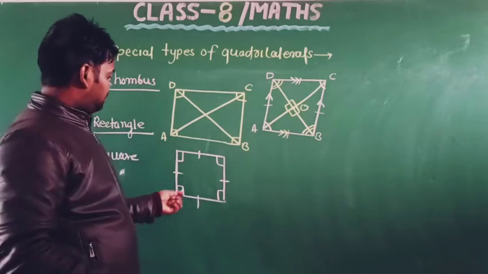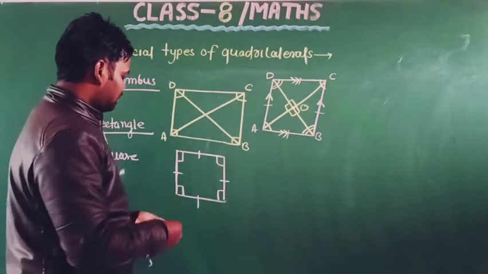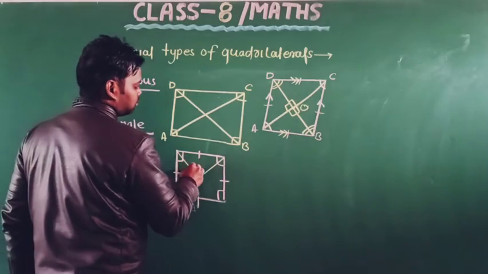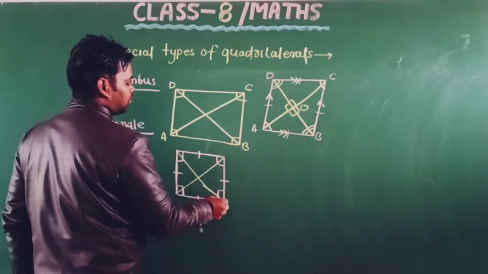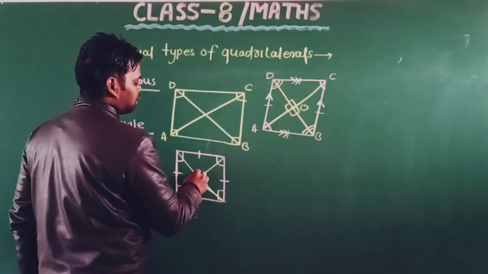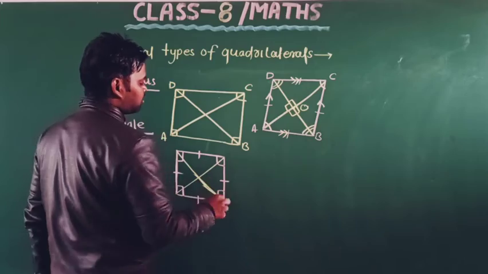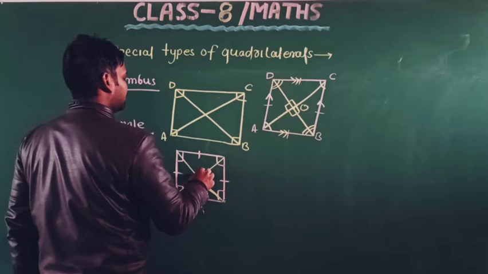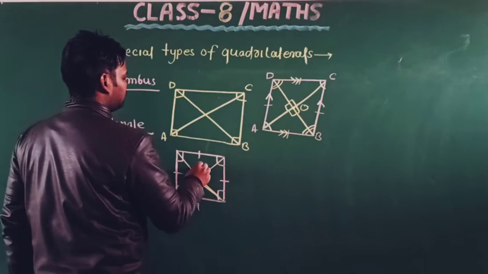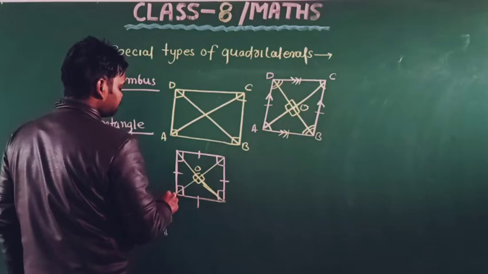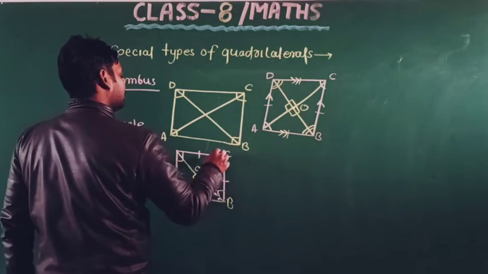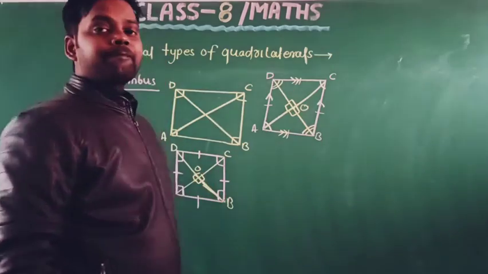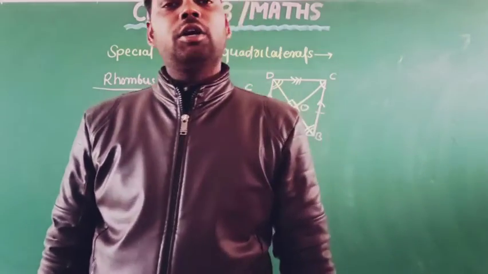And in the properties of a square, the diagonals of a square bisect each other at a right angle, and all remaining properties are the same as the rectangle.